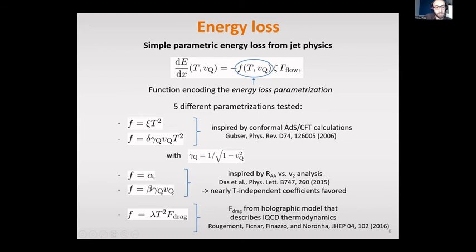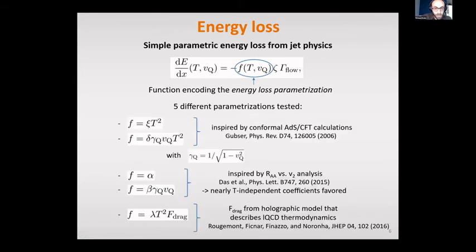So we decided to just take one constant parametrization and one constant times velocity dependence. The last parametrization that we tried is a bit more complex and has more complicated dependence on the temperature and the velocity, and includes a drag force that came from an holographic model that described lattice QCD thermodynamics.